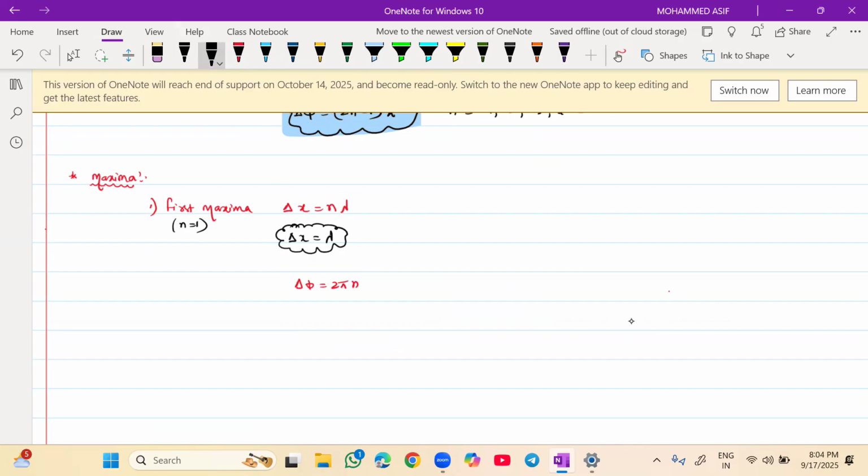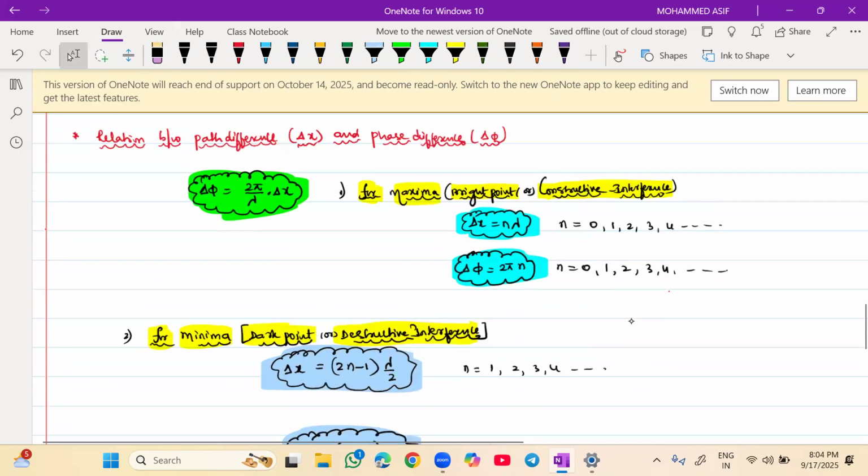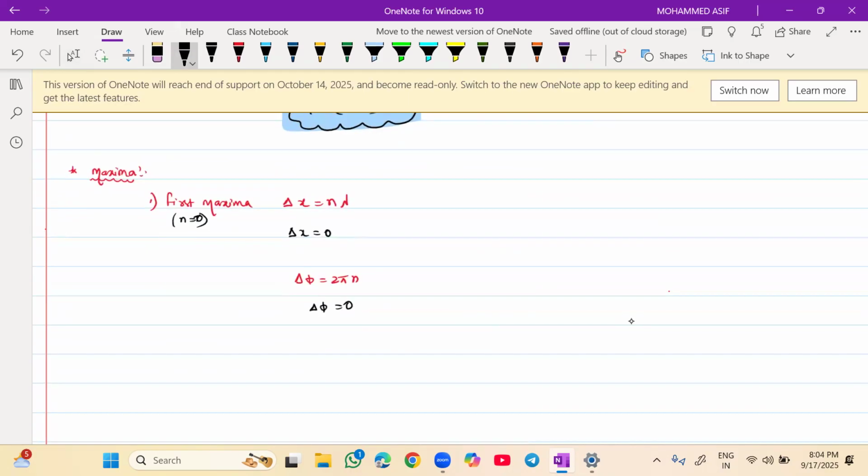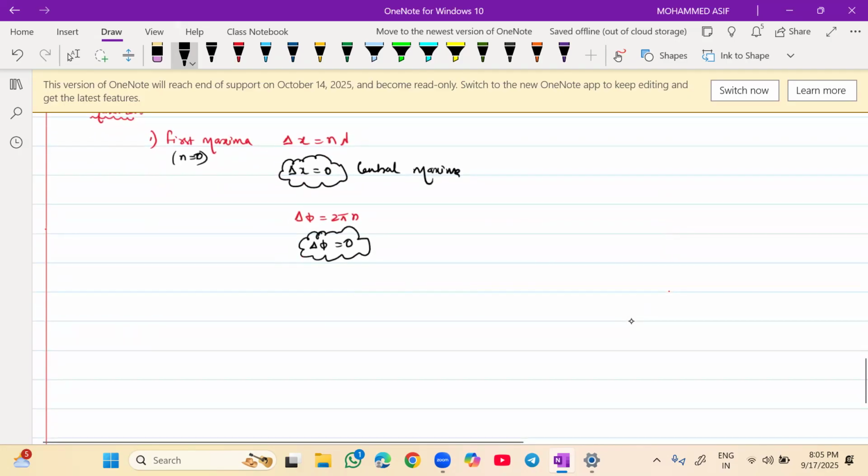If n is 0, the phase difference is 0 and delta x is also 0, because in maxima delta x equals the given condition, with n starting from 0. So if n is 0, the first maxima is formed at delta x equal to 0. It is also called the central maxima. So where is the first maxima formed? At the center. Now tell me, where will the second maxima be formed?